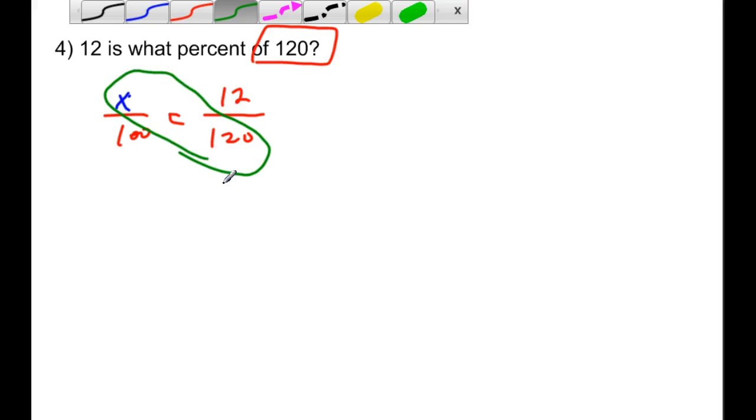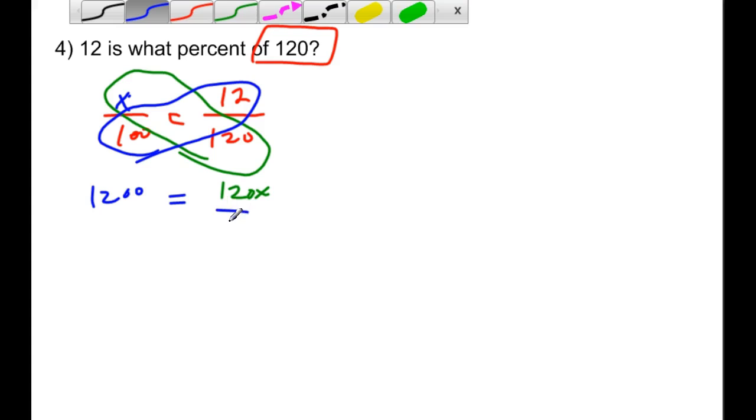Cross multiply, that's 120x. Cross multiply this direction, that's 1200. Divide by your 120. And the answer should be 10, I believe. What percent? Make sure you put 10%.